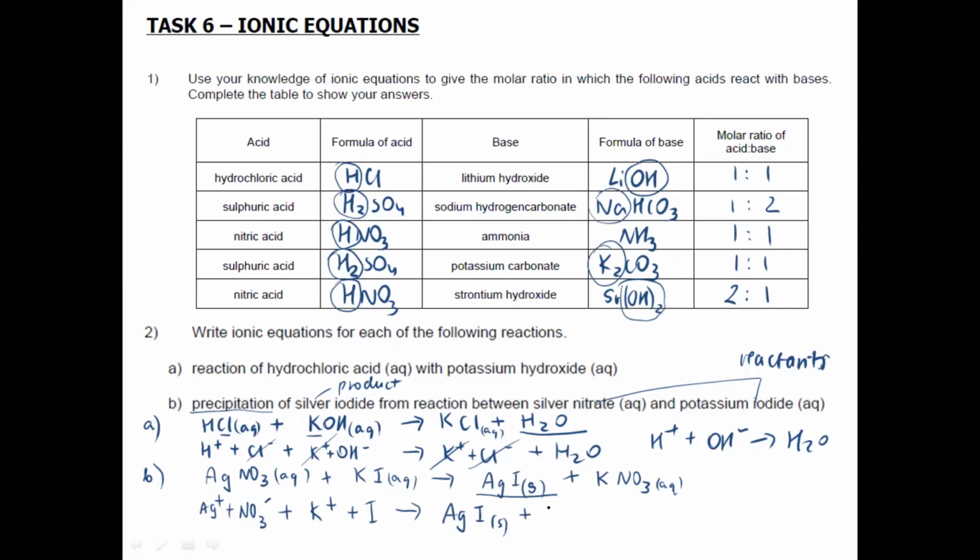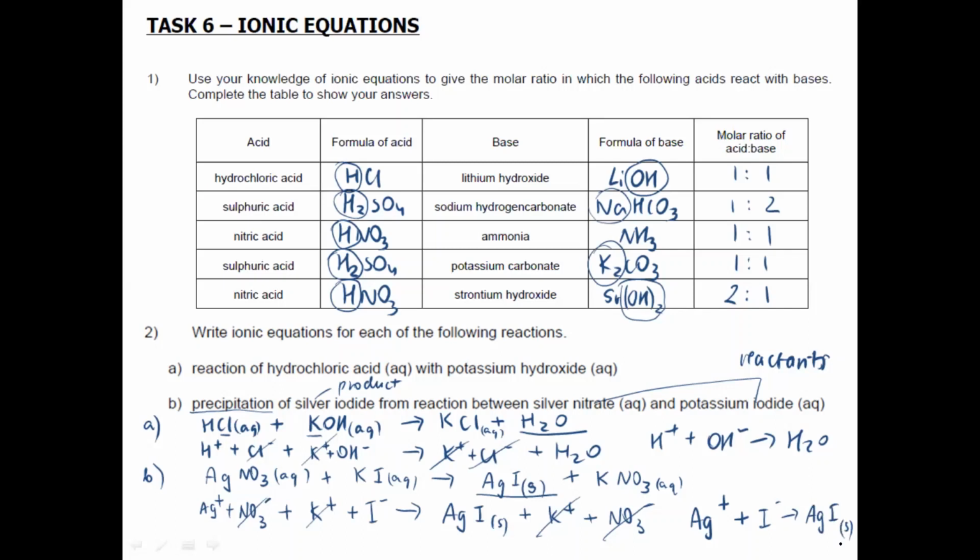And then K plus from here and plus NO3 minus. You can see that the potassium and the nitrate cancel out, so your final answer will be Ag plus, oops, I made a mistake in here, I forgot the minus, plus I minus gives you AgI, and that's your solid.